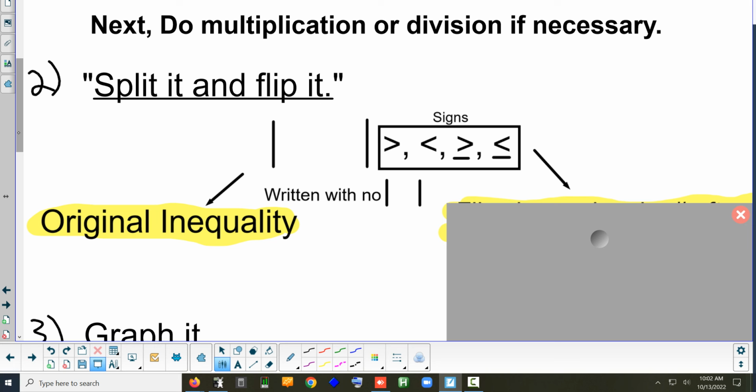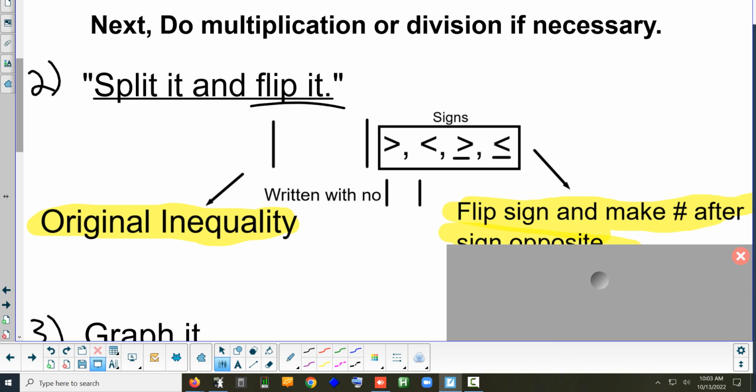Now, does anybody remember for the second one, what did we do to the number on the other side? Yep. Right, we made it negative. We still have to make it negative, but we also have to flip it. That's the extra step.